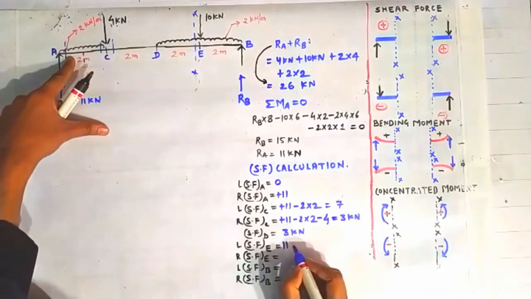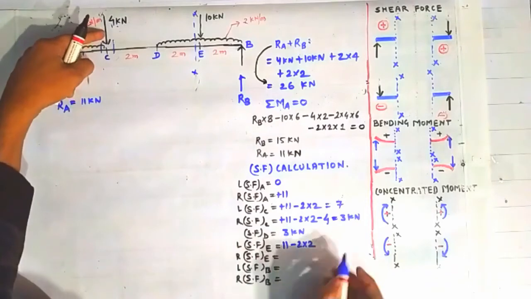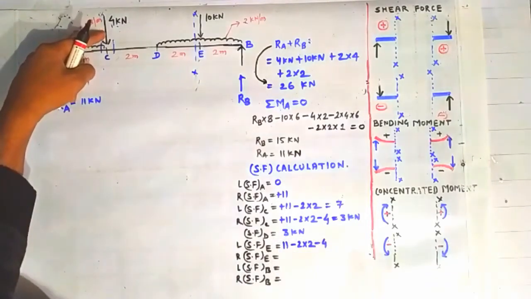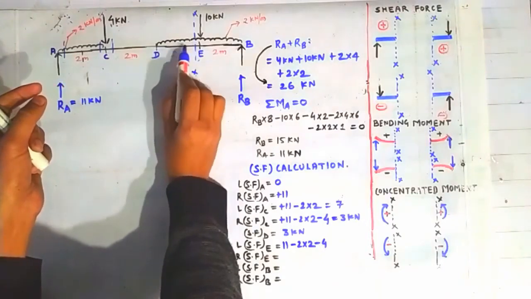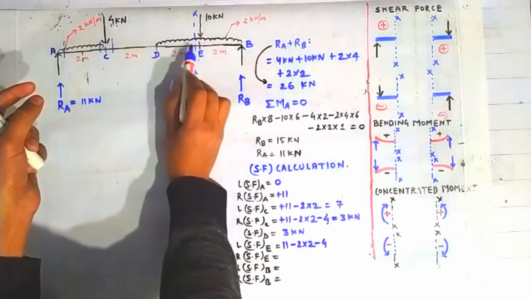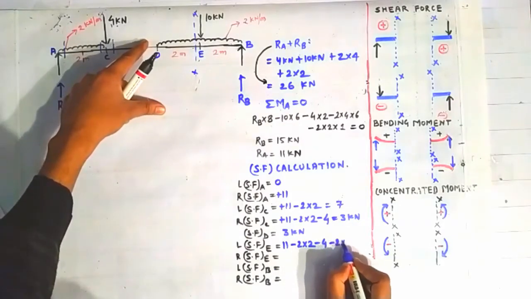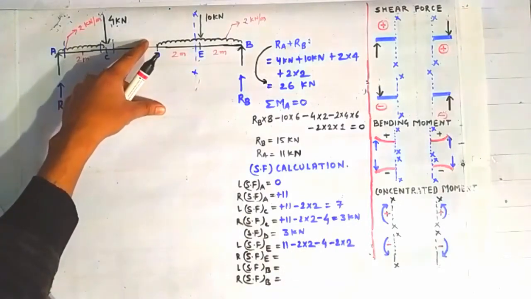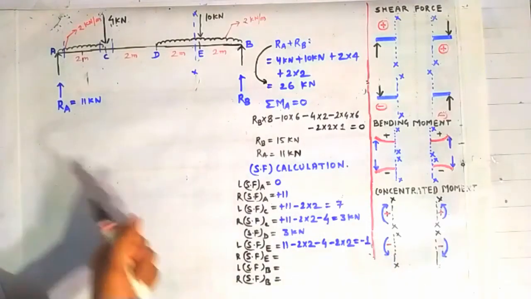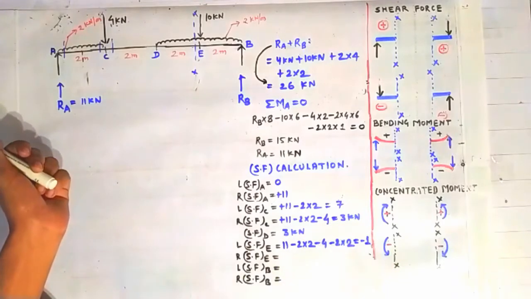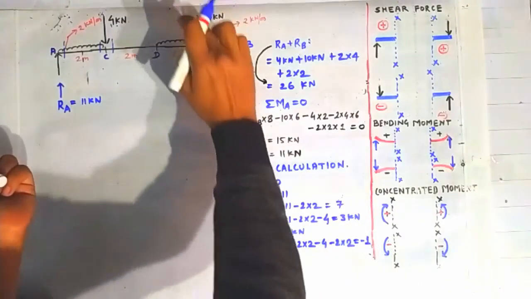This UDL is contributing toward minus 2 into 2, and this is contributing toward a minus 4 kilonewton shear force, and this UDL portion which is spreading over a distance of 2 meter will contribute toward a shear force of minus 2 into 2. Okay, and it will give us minus 1 kilonewton. Write it yourself.